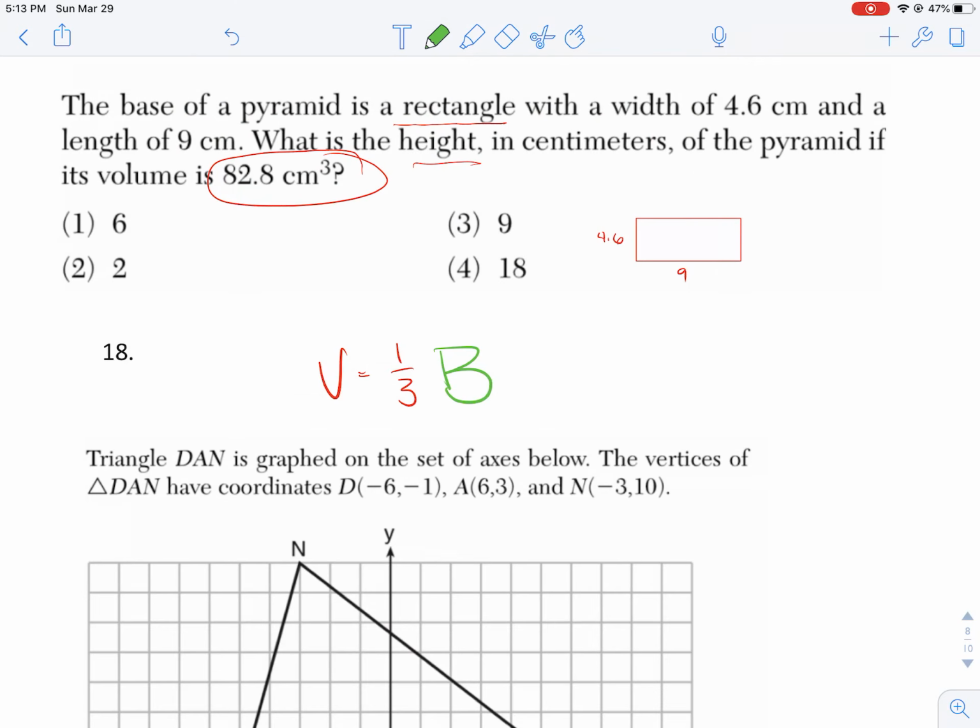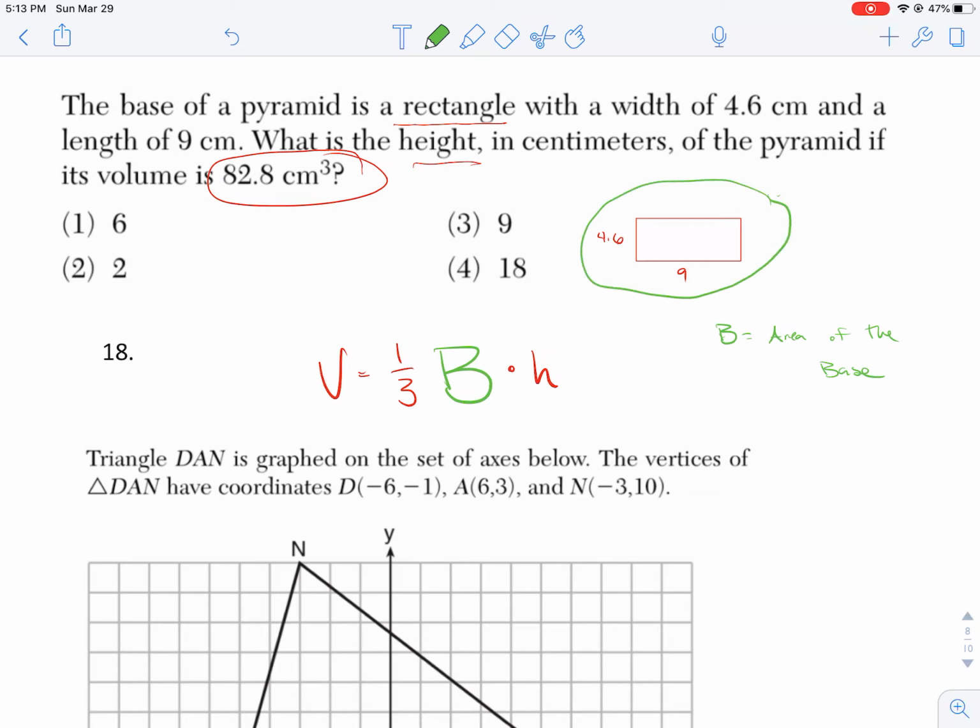Okay, and it is 1/3 times the big B times our height. Okay, and this is for pyramids. All right, so let's think about what the big B stands for. The big B stands for the area of the base.